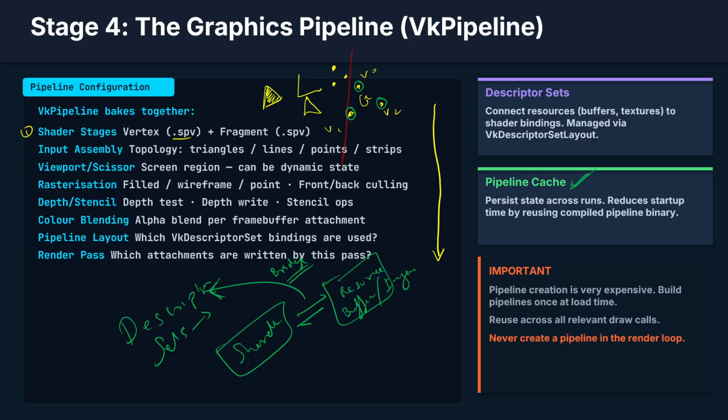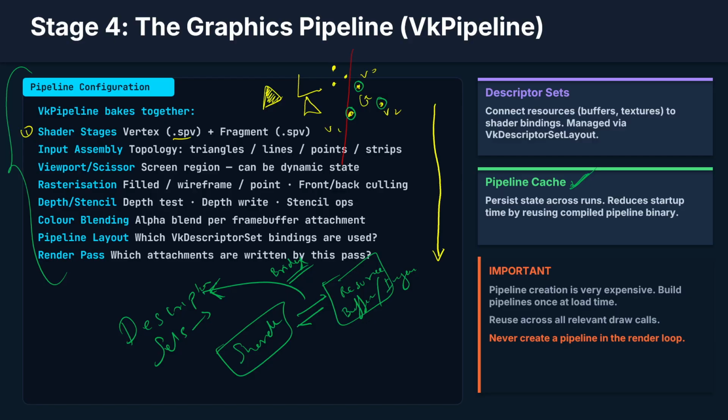It reduces the startup cost. If you are using Vulkan, you can store this pipeline state into a persistent object, and next time your application starts you don't need to recompile it again.